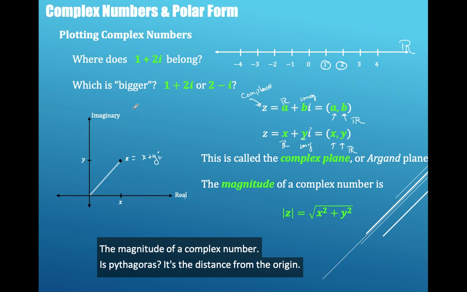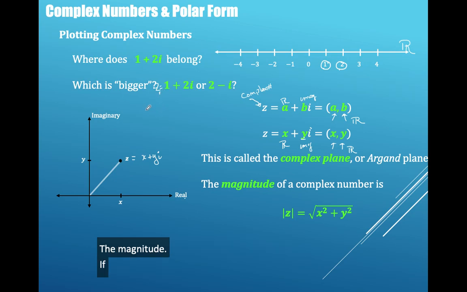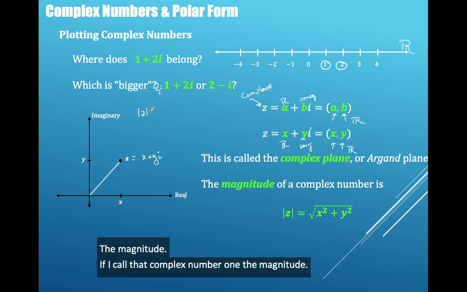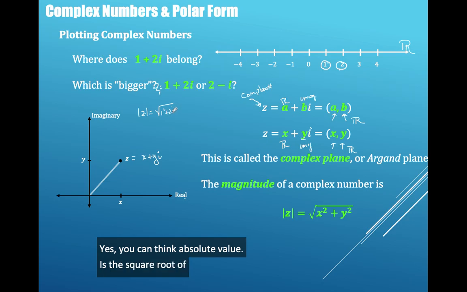So, how would you compute the magnitude, if I call that complex number 1, the magnitude, yes, you can think absolute value, is the square root of 1 squared plus 2 squared, which is the square root of 5.